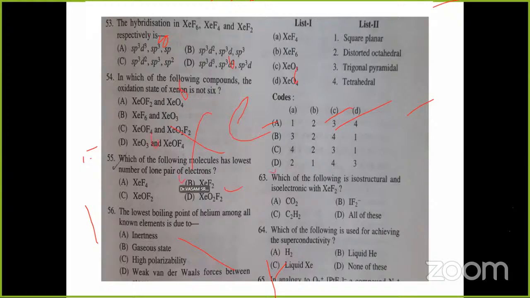And fluorine, how many electrons? Each fluorine? The question: which of the following is isostructural and isoelectronic? Answer is B. Okay. B is the right answer.